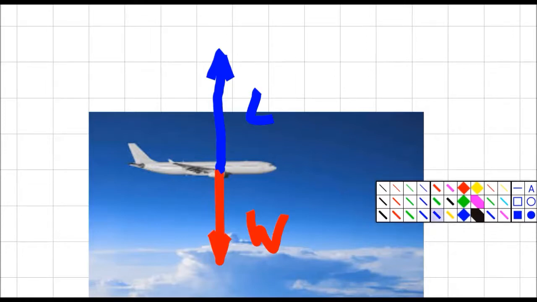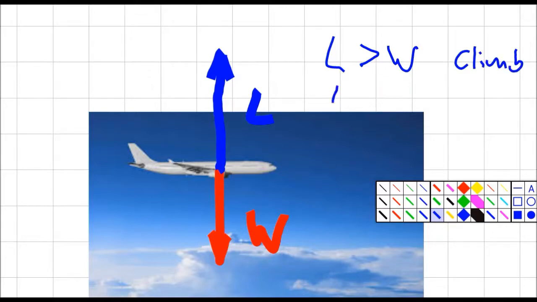This is a force opposite to the weight of equal or larger magnitude. So in this particular case, our lift is obviously bigger than our weight, which makes our aircraft climb.